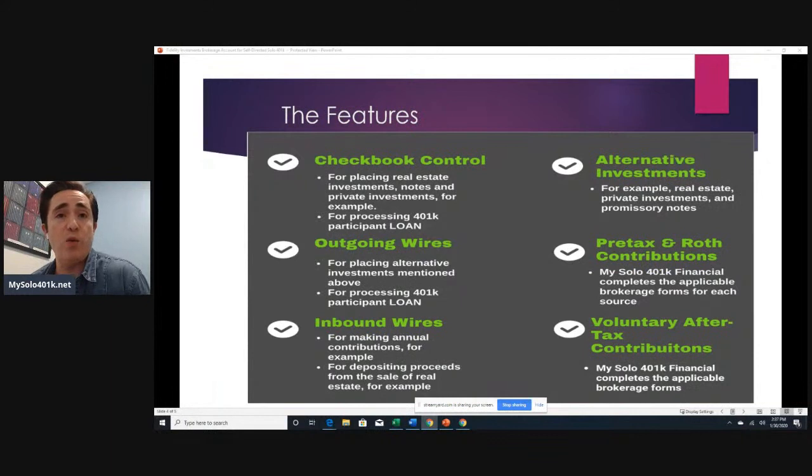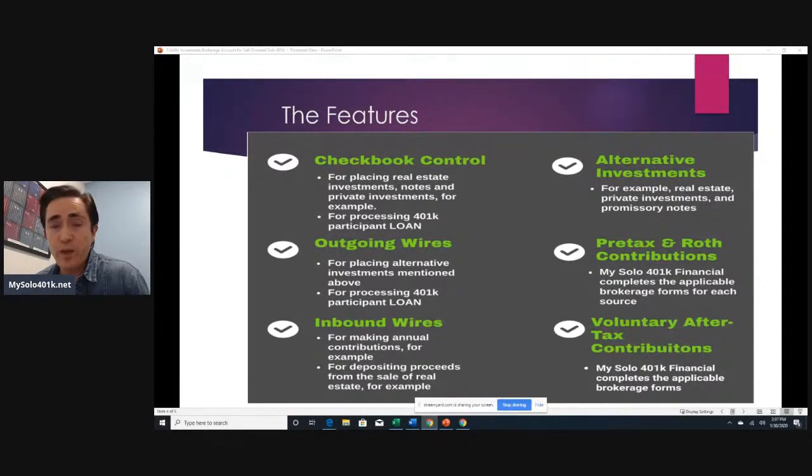And you might do an inbound wire if you're making contributions, or if you sell property that you own in your solo 401k, and the escrow company or the title company, whoever's doing the closing, they wire money to that Fidelity account so that you get the proceeds of that sale coming back to your solo 401k.